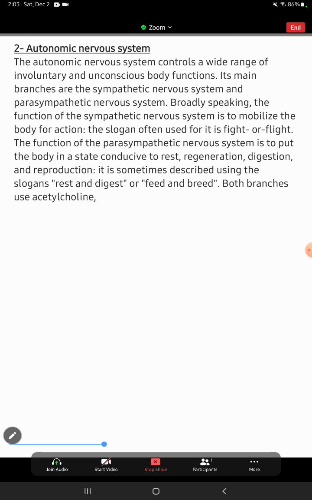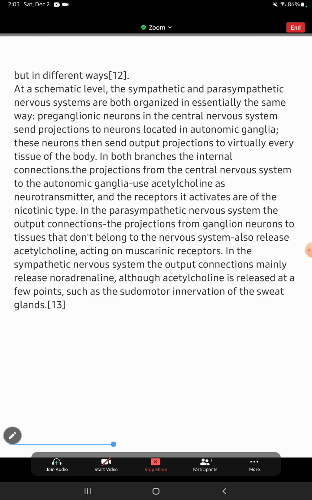Both branches use acetylcholine for their functions, but in different ways. At a schematic level, the sympathetic and parasympathetic nervous systems are both organized in essentially the same way. Preganglionic neurons in the central nervous system send projections to neurons located in autonomic ganglia.